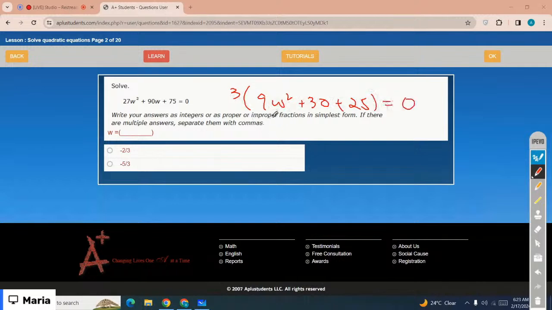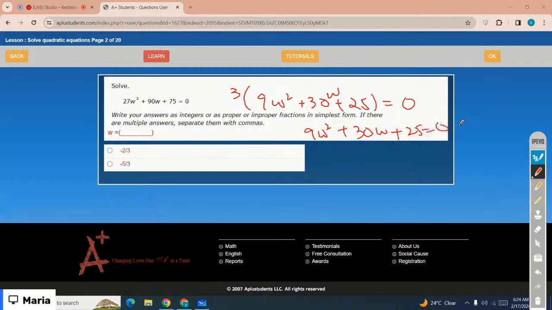Now let's just factor out the equation. 25 times 9 is 225, right? So that is 9w square plus 30w plus 25.